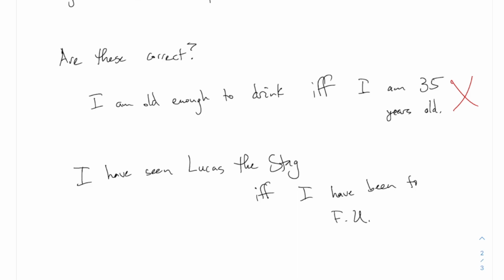You want to think of it in these two parts. Is it true that if this one is true, then this one is true, and also if this one is true, then that one's true? I think in this example, probably neither of them is true. If I've seen Lucas the Stag, that does not necessarily mean that I've been to Fairfield University. And if you've been to Fairfield University, that does not necessarily mean that you've seen Lucas the Stag. So this is definitely a wrong usage of "if and only if."